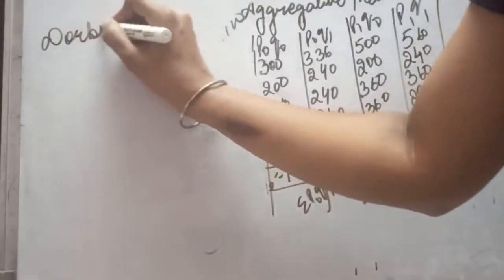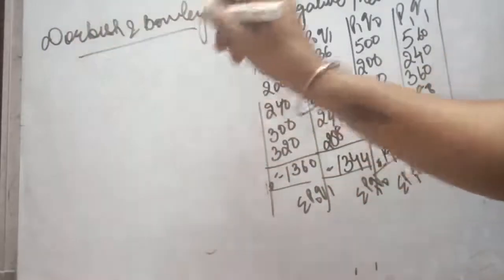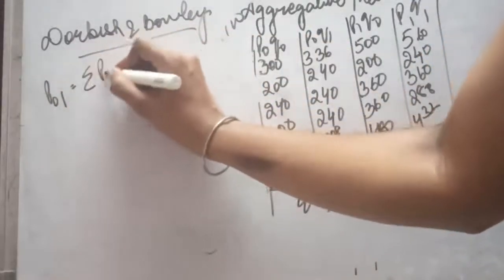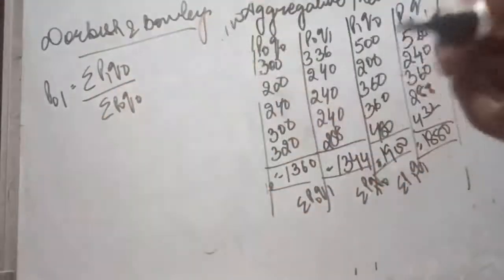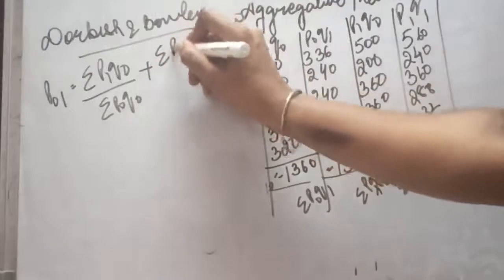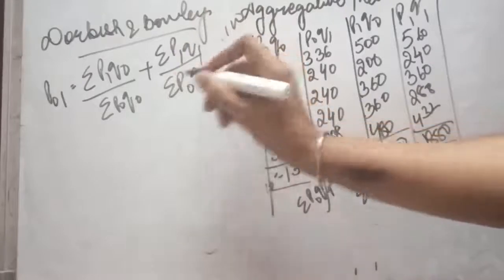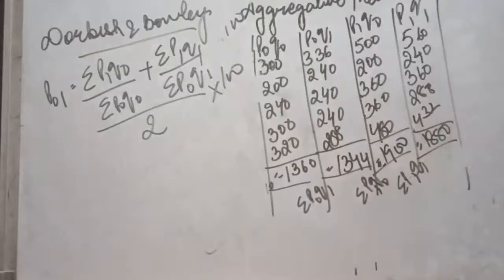Then the fourth method was Drobisch and Bowley. According to Drobisch and Bowley's method, P01 is equal to sigma P1 Q0 divided by sigma P0 Q0 plus sigma P1 Q1 divided by sigma P0 Q1, all multiplied by half and into 100. So we put in these values.